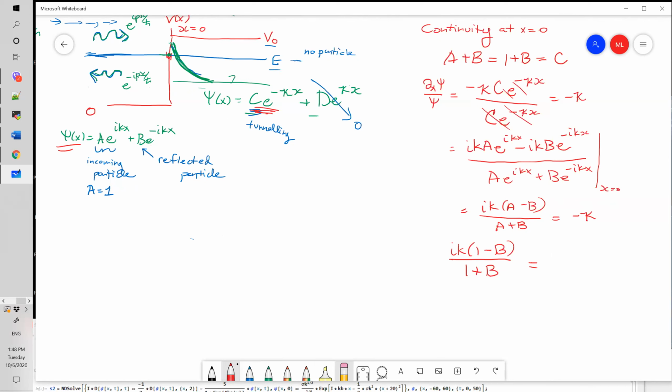So you got this guy, ik (1 minus b) over (1 plus b) is minus kappa. And you have b is equal to c minus 1. So you have two equations and two unknowns. And you can declare victory because that means you've found all the unknown coefficients.